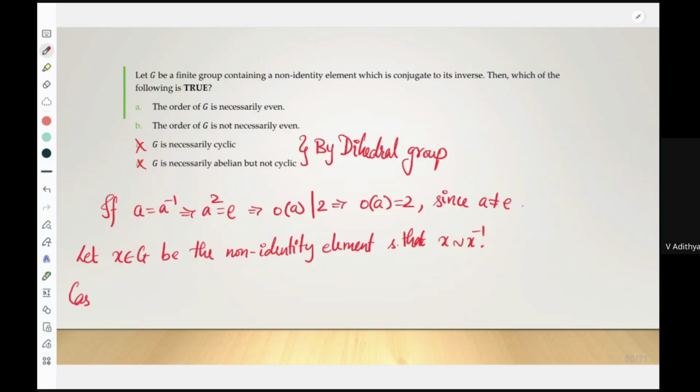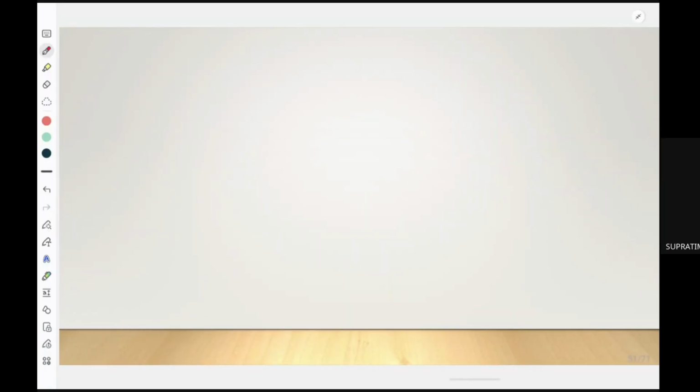First case, if x equals x inverse, then order of x is 2, which divides order of G. This implies order of G is even. Is this case clear? Yes, sir. Now case 2 is if x is not equal to x inverse.